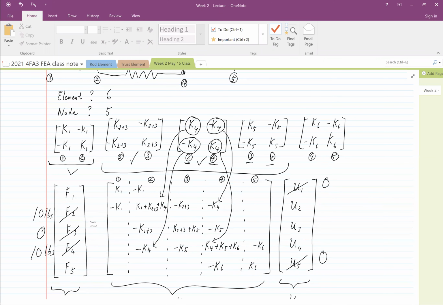Okay, so we've just gone through 2 examples on rod elements. I think that's enough. Let's do some work on a spring element. Oh, sorry, truss element. Okay, I want to know, do you have any questions on how you develop this truss element?